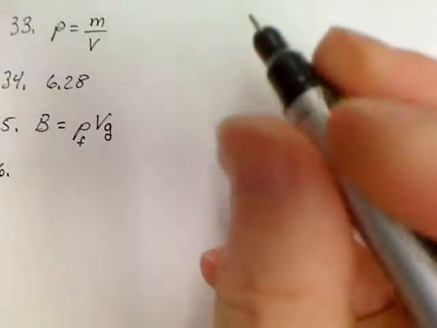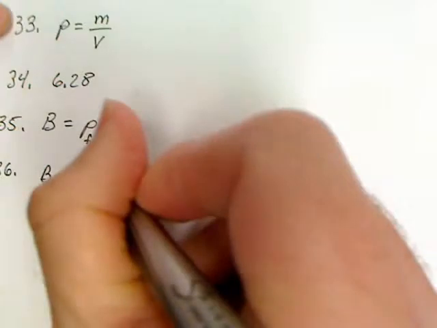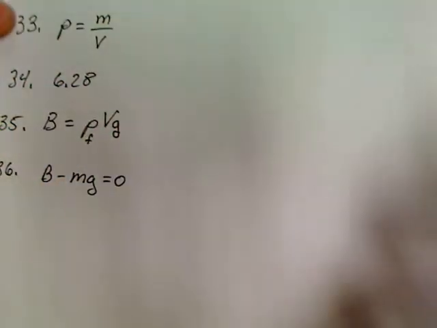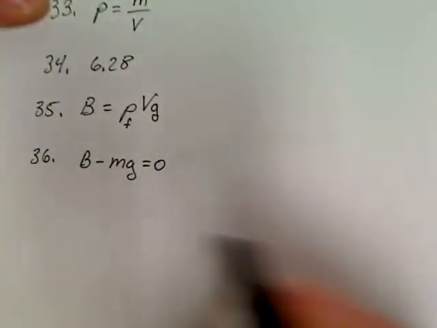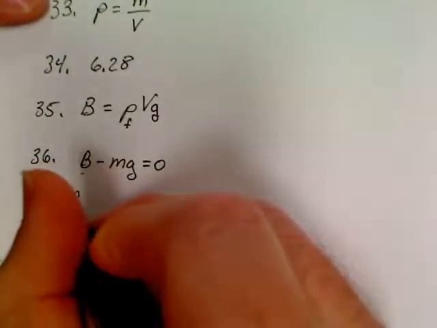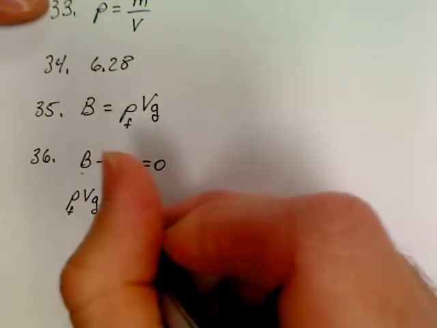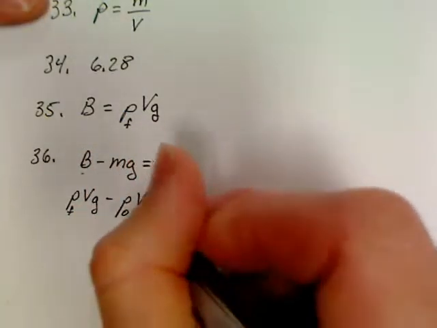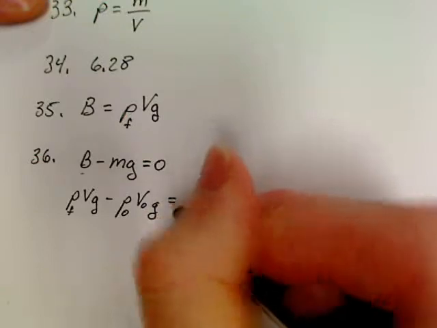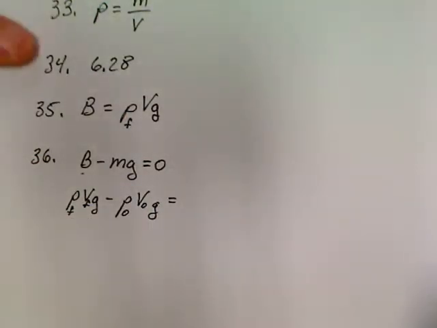36. Equation for an object floating in water. Here's the thing. Basic equation for something in water is just B minus mg. That's just a basic equation for anything in water. Next, you need to write rho F V g minus rho O V O g. Technically, that's volume of fluid.